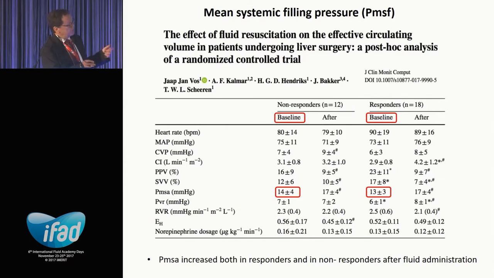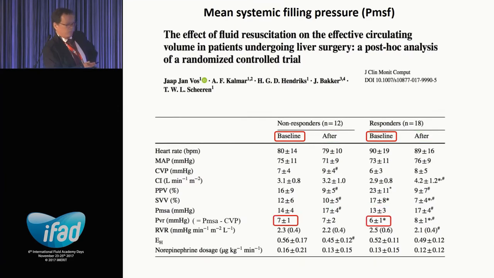So it was the same in responders and non-responders. Just saying that static pressures like CVP and PCWP are not useful in predicting fluid responsiveness. After the fluid intervention, in both groups, the mean systemic filling pressure increased. Of course, if you put volume into a system, the filling pressure of the system should increase, and this happened in both groups.